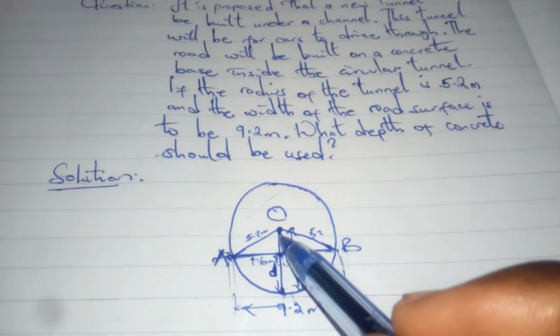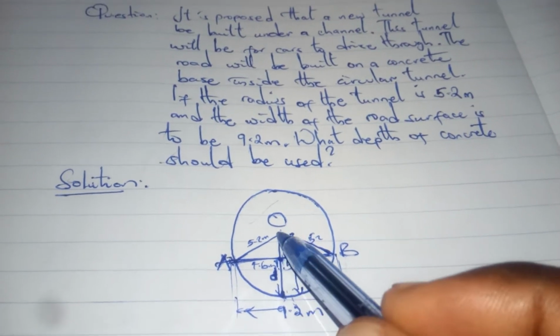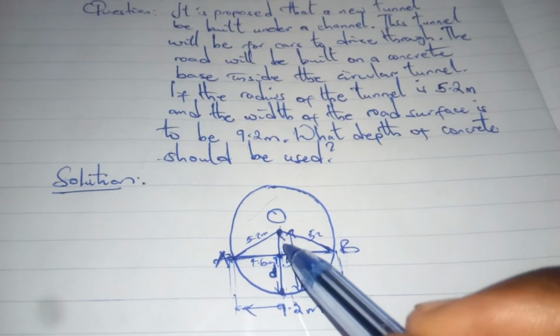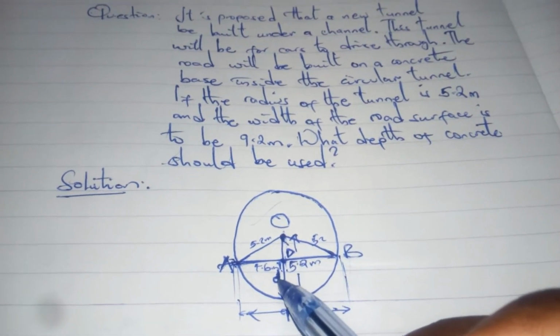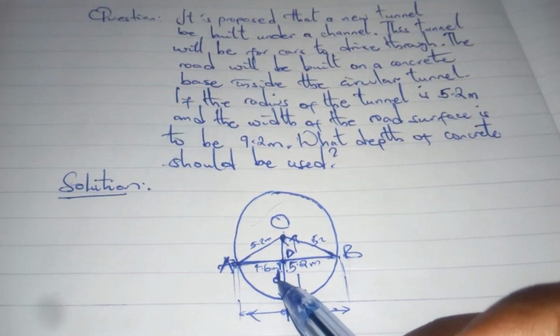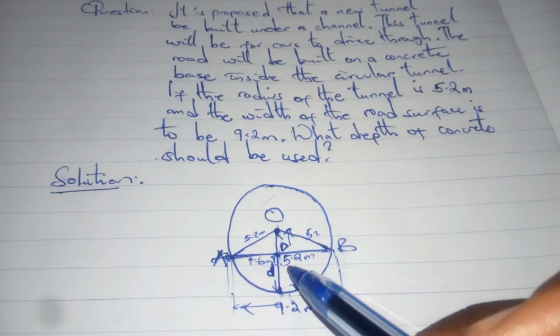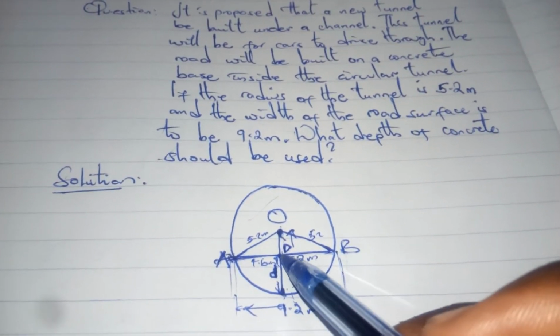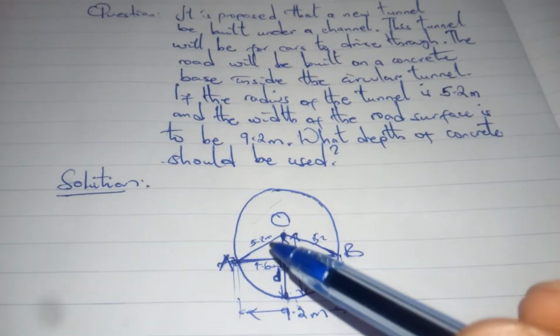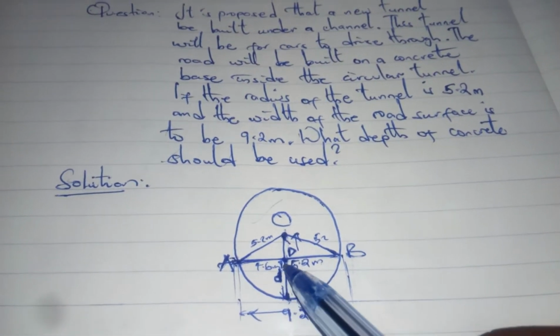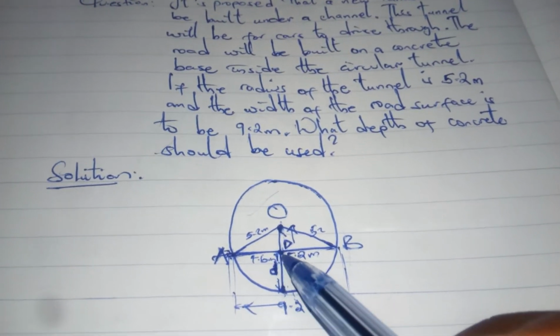So how do we get that OD? Remember, we don't have that. What I want us to solve for is this lowercase d, which is the depth of the concrete needed to put a layer of the road. So that d can actually be solved.